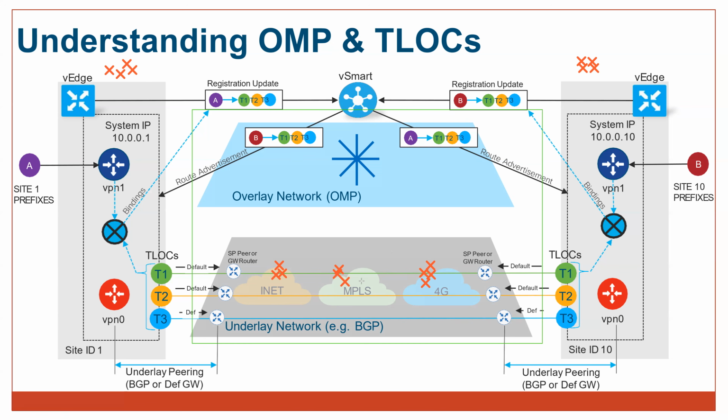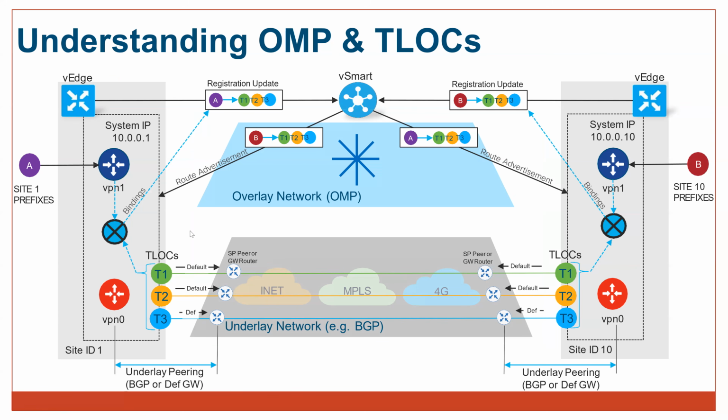So irrespective of what I have in the underlay, OMP will do the encapsulation and work on top of that. So irrespective of the physical connectivity, this OMP will work, and we are going to discuss how it will work.